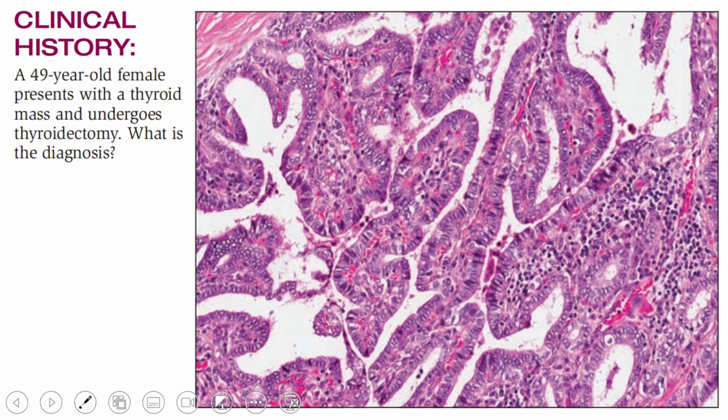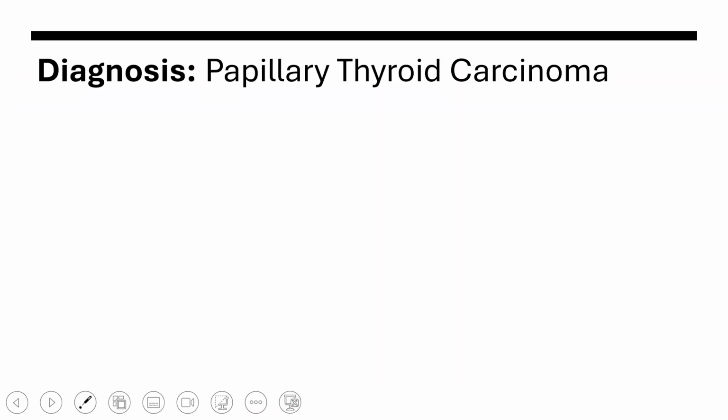The various calcified regions we can see in this microscopic structure are called psammoma bodies. With these features we can think of papillary thyroid carcinoma, because of the papillary-like growth as well.